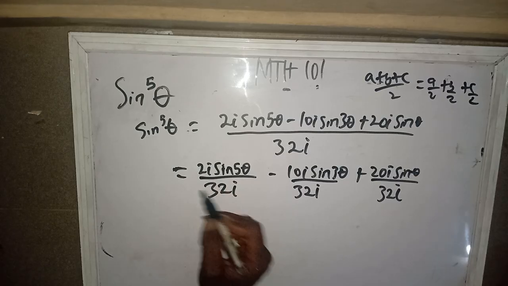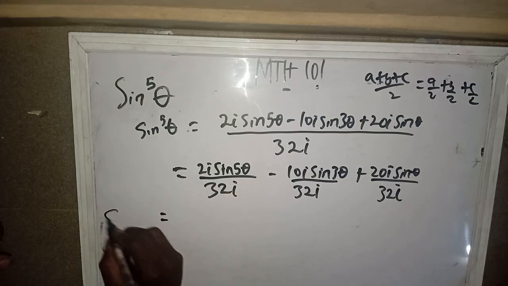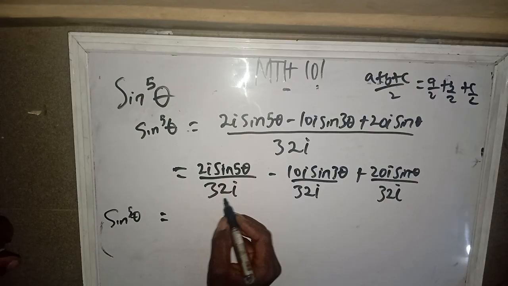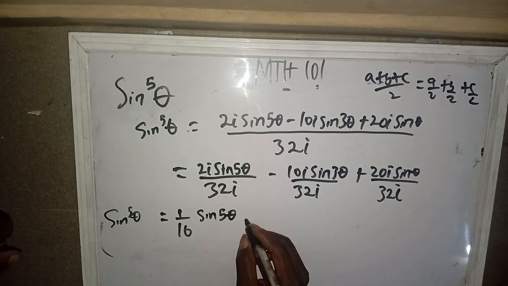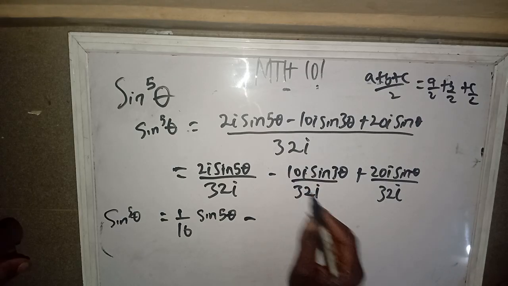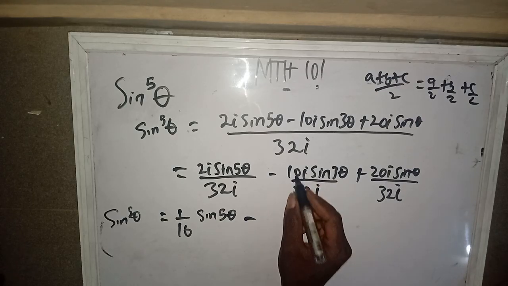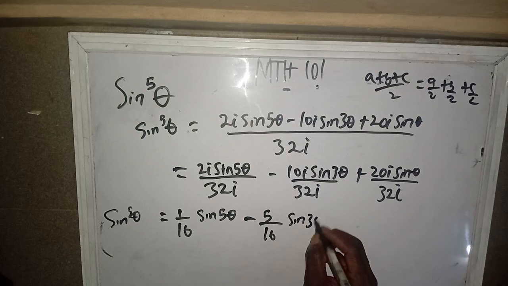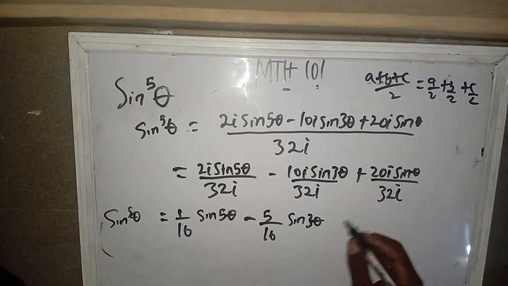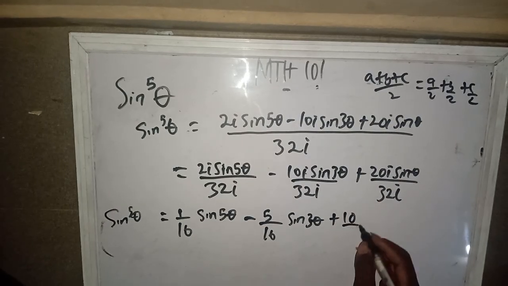So here I cancel i. 2 over 32, that's 1 over 16 sine 5 theta, minus, I cancel i, 10 and 32, 2 in 10, 5, 2 in 32, 16, sine 3 theta, 2 in 20, 10, 2 in 32, 16.